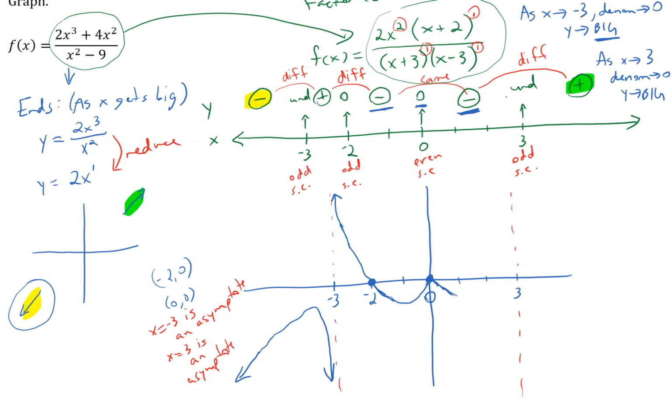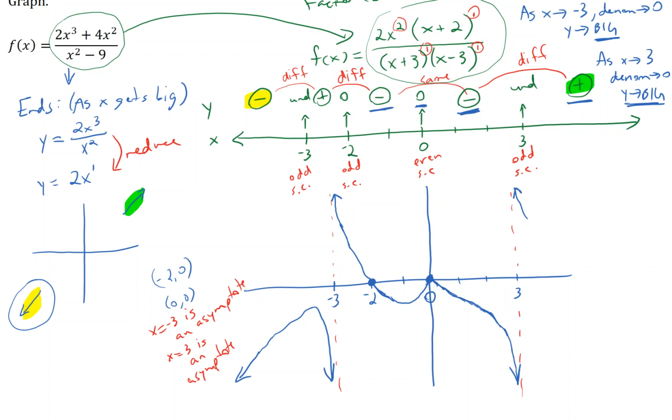And on my number line chart, to the left of 3, my y values are negative. So I come this way, and then I have to stay below the x-axis, but then my y values get really big in the negative direction as I get close to 3. So it looks like this. Okay? Now on the right side of 3, my y values still get big, but now they're positive y values. So I'm going to do this kind of thing as I get close to 3 from the right side.